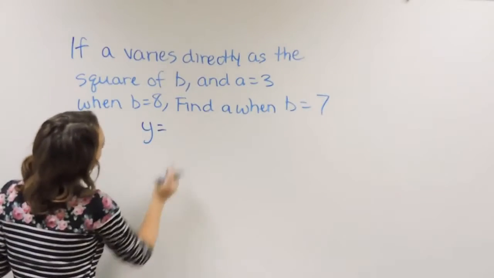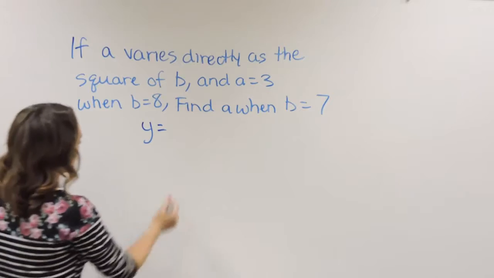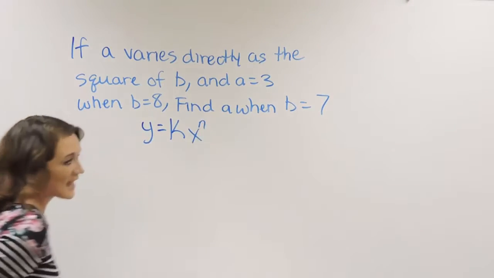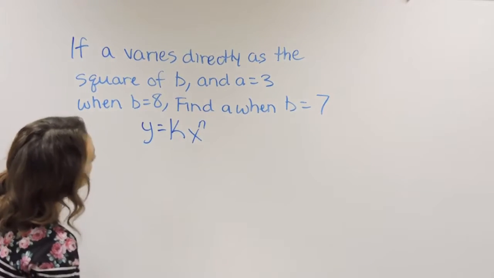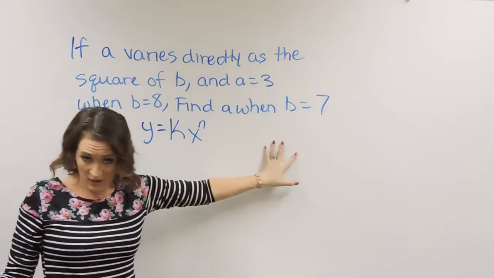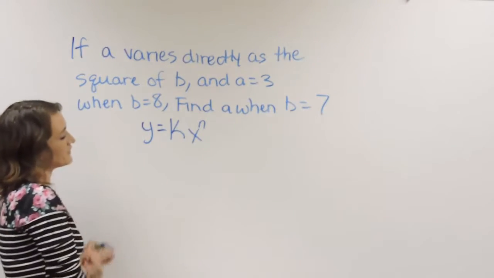The typical formula that relates to this kind of example here is y equals kx to the nth power. So this is the one where it talks about direct variation as a square or as a power of something. So this is very important.